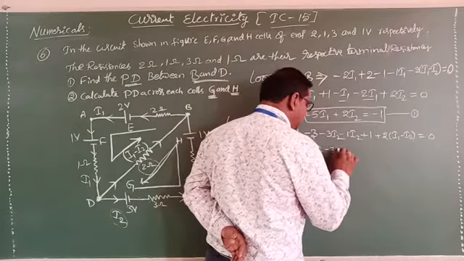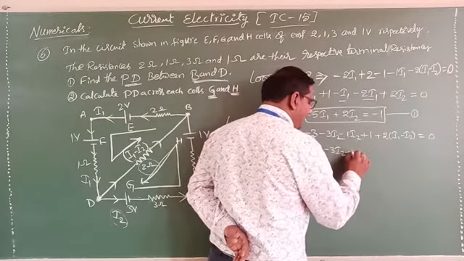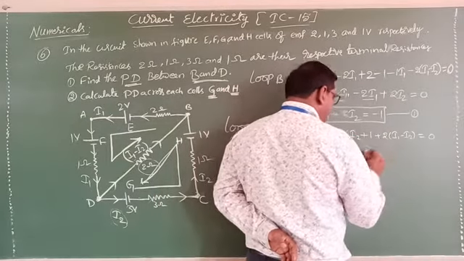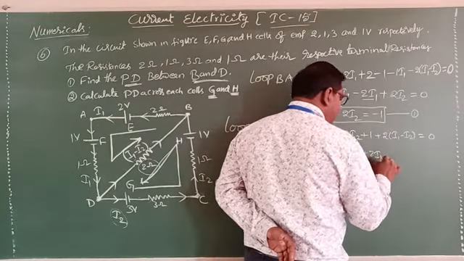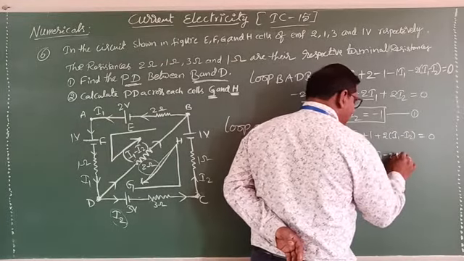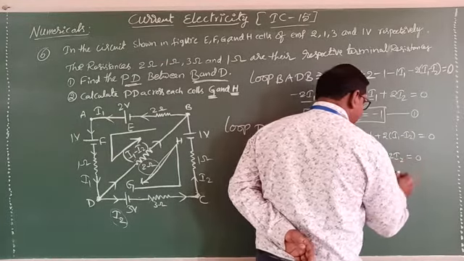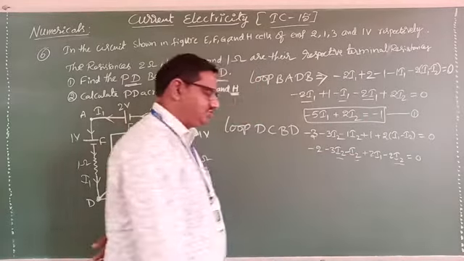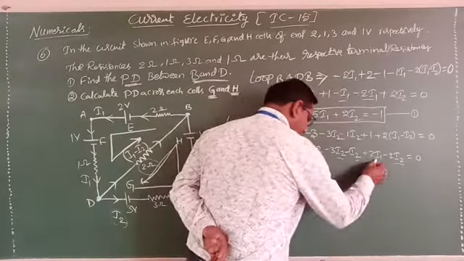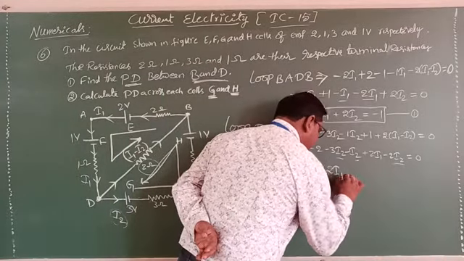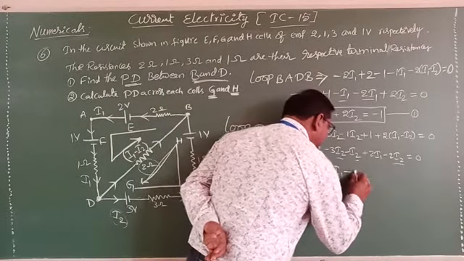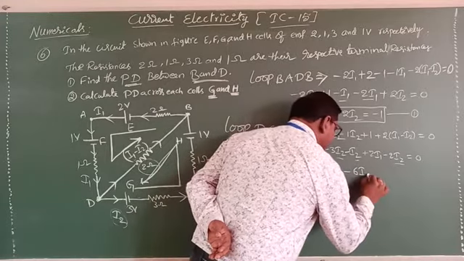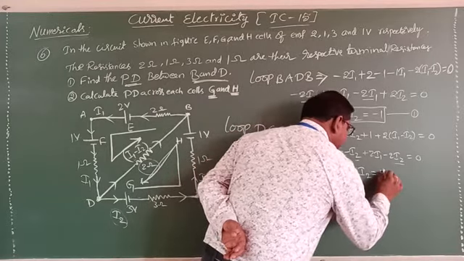Here minus 3I2, here minus I2, here plus 2I1, here minus 2I2, that equals 0. So totally here plus 2I1 minus 6I2, that is equal to 2.